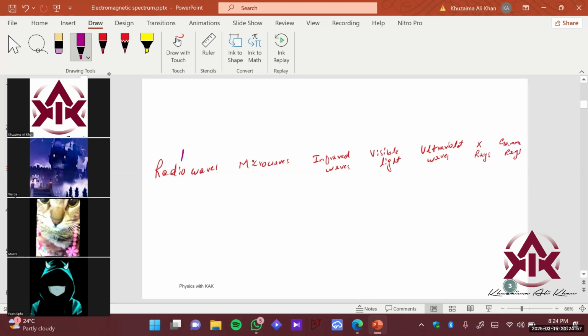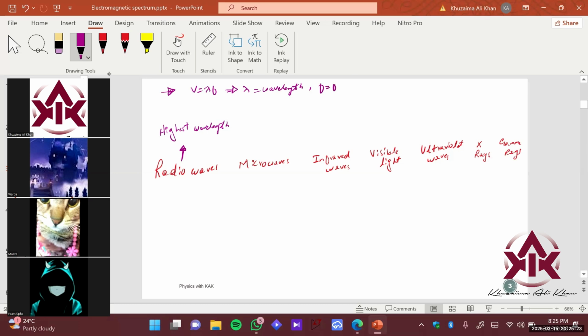So this particular radio wave has the highest wavelength. If you recall the general properties of waves, we learned a formula that was speed is equal to lambda f, where basically we learned that lambda was wavelength, right?